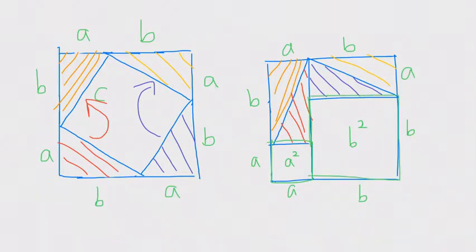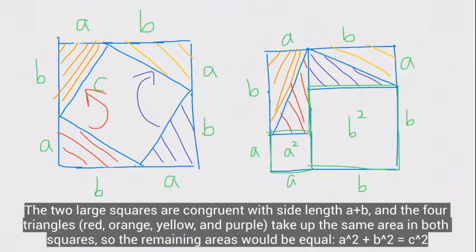So we've still got our 4 triangles, and now we've got 2 squares of side lengths a and b. This is a second proof of the Pythagorean theorem.